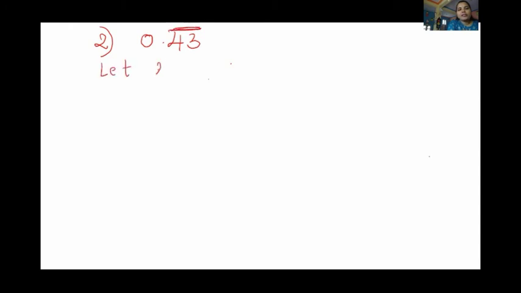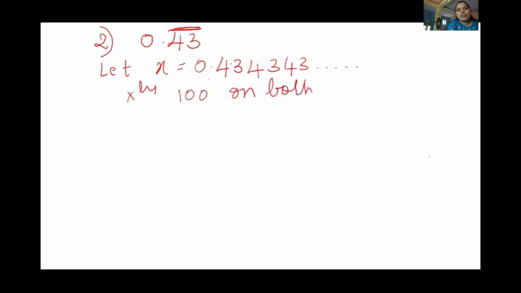Let x equal 0.4343, because 43 is recurring. Here two decimals are recurring together. Therefore, we need to multiply this equation by 100 on both sides. We follow the same steps; only the difference is that here we multiply by 100.